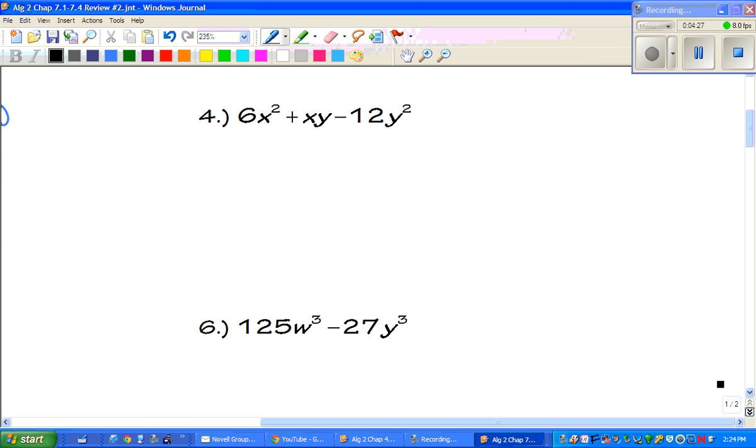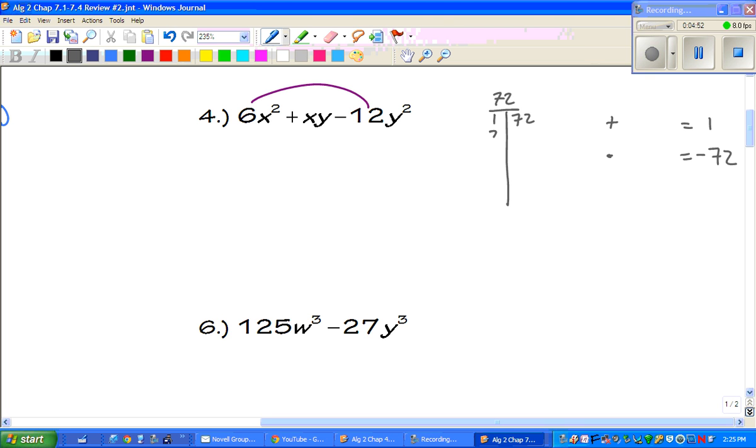Okay, number 4 is a quadratic trinomial. So, is there a GCF? No. Well, then we want to know what are the factors of 72, because we want numbers that add up to get to 1, but multiply to get to negative 72. Okay?